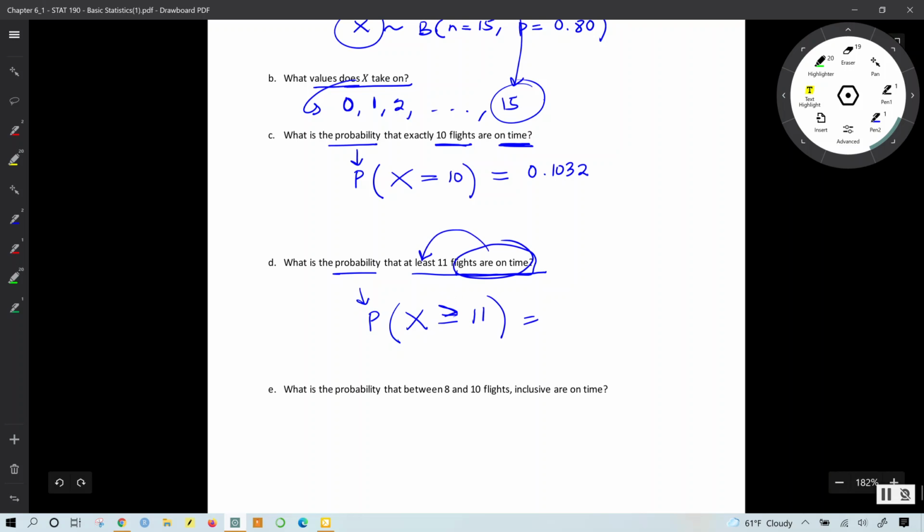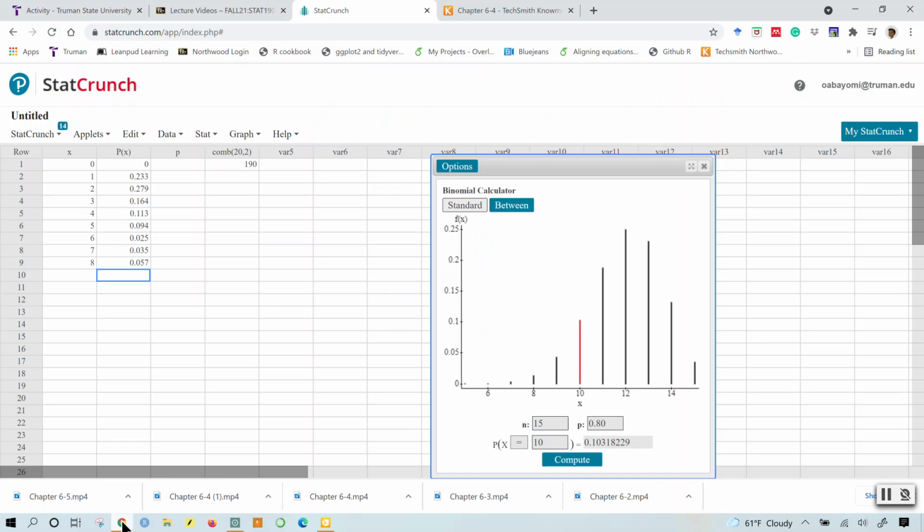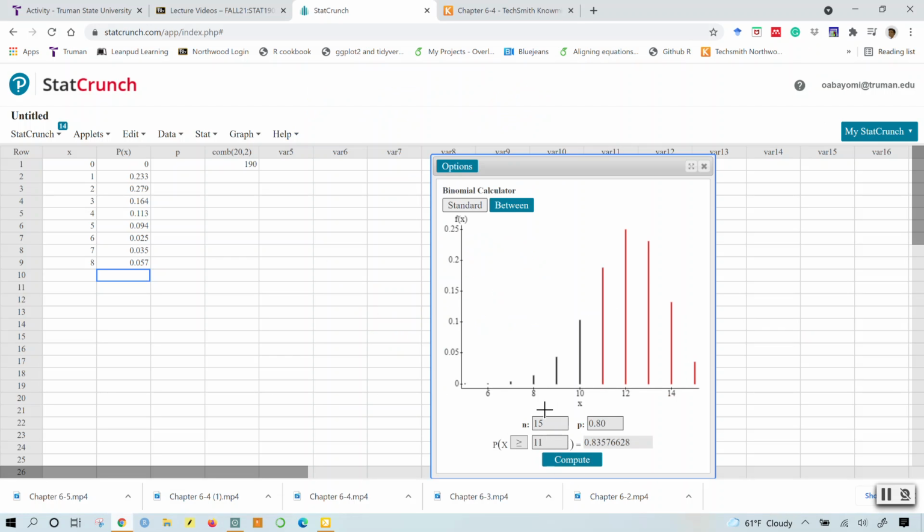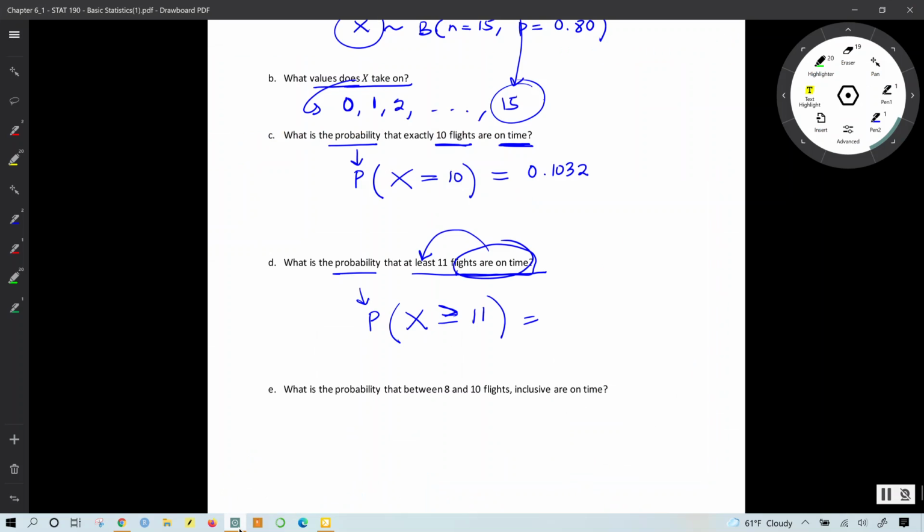So we head back into StatCrunch, and we're going to change this to greater than or equal to 11 and hit the compute button. Notice that I did not change the parameters because it's still the same problem with the same parameters. So we have 0.8358.